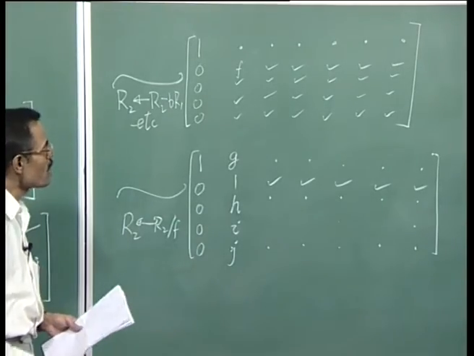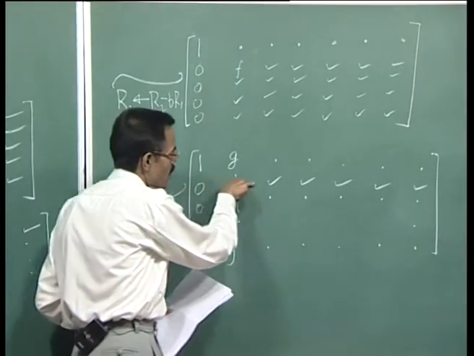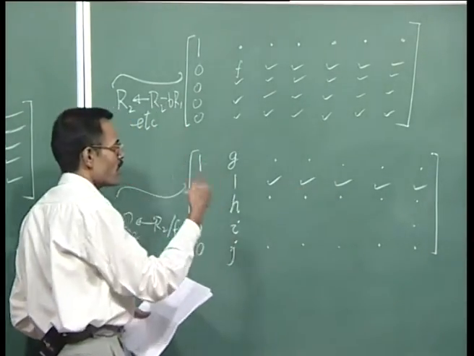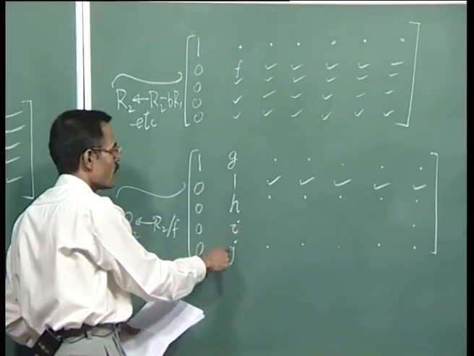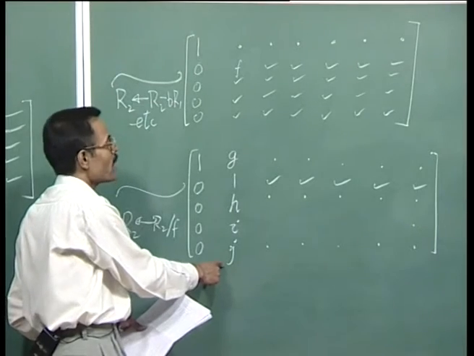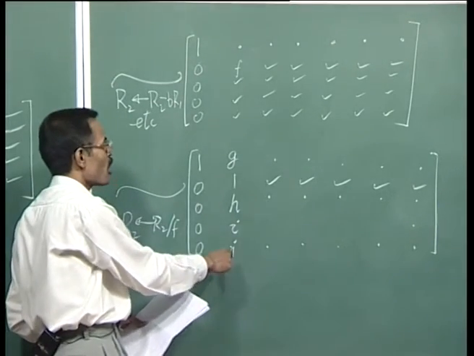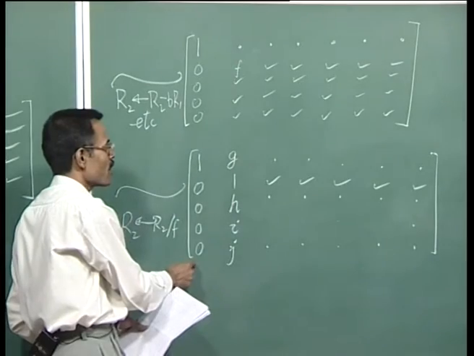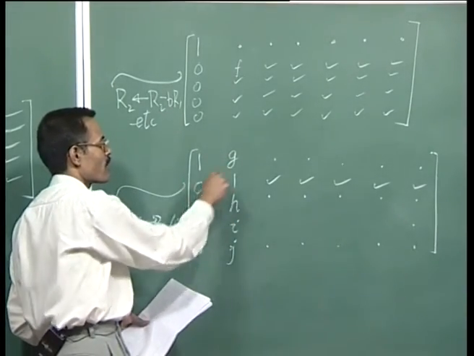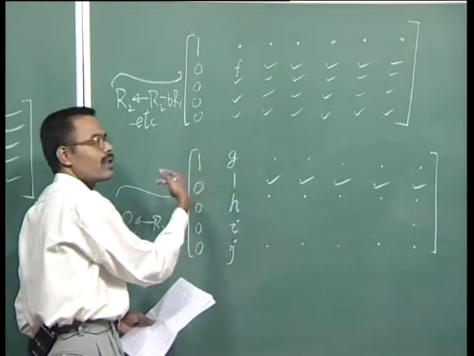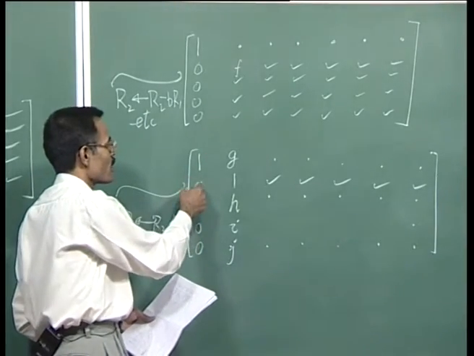Next, what will be our steps to get zeros in these locations in place of G, H, I, J? We will multiply row 2 with G, H, I, J and subtract from row 1, 3, 4, 5 respectively. In doing that, we will not be spoiling this 1 and these zeros, because this 0 multiplied with G, H, I, J and subtracted from the respective rows will not lead to anything new, because this is 0 here.